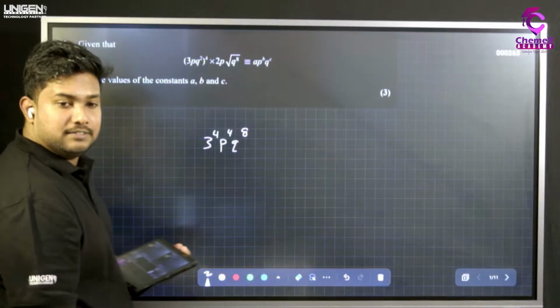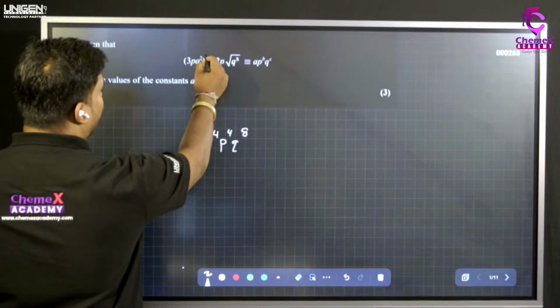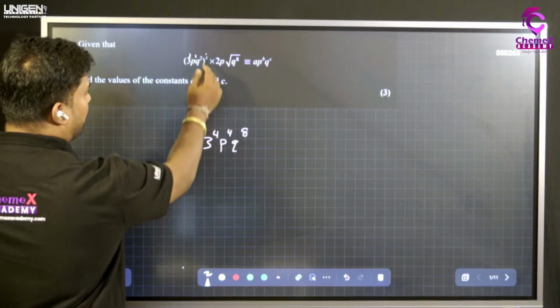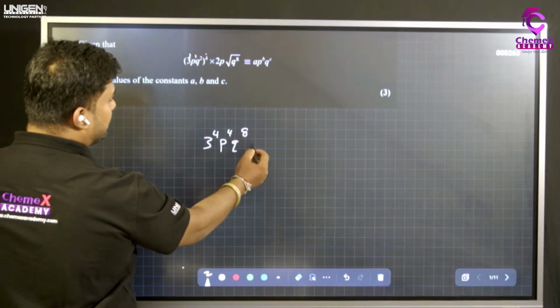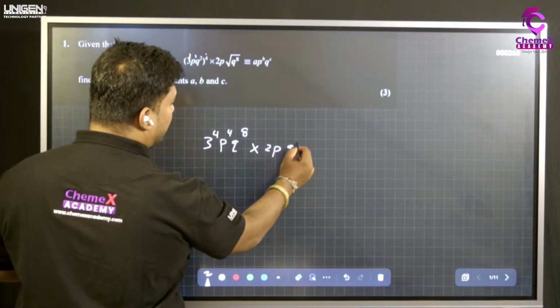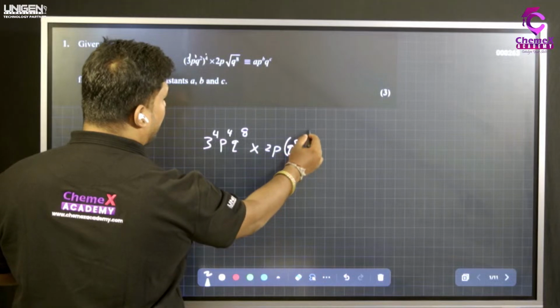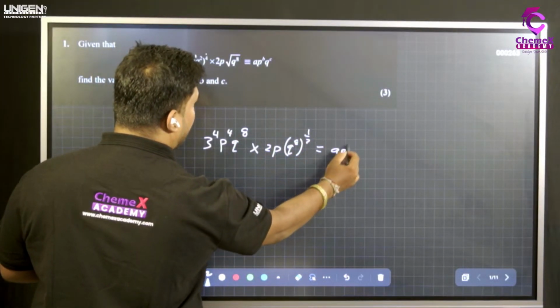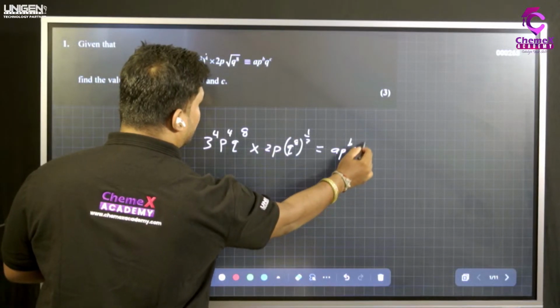Why is that? Because power 4 means for this it's 1, so 1 times 4 is 4, and q to the power 8 into 2p to the power 8, you multiply by power half, because root is power half, is equal to a p^b q^c.